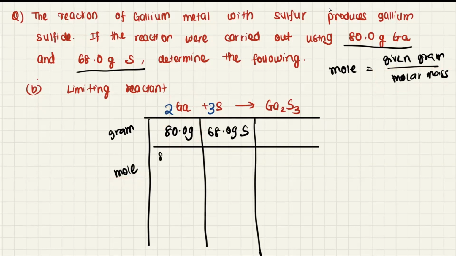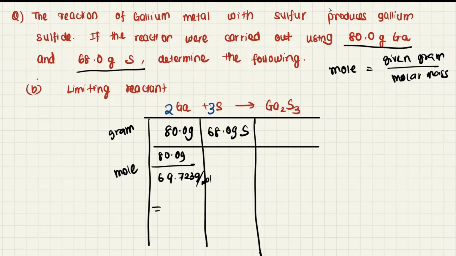Take the given gram, which is 80.0 gram, divided by the molar mass of gallium, which happens to be 69.723 gram per mole. So we have 80 divided by 69.723.